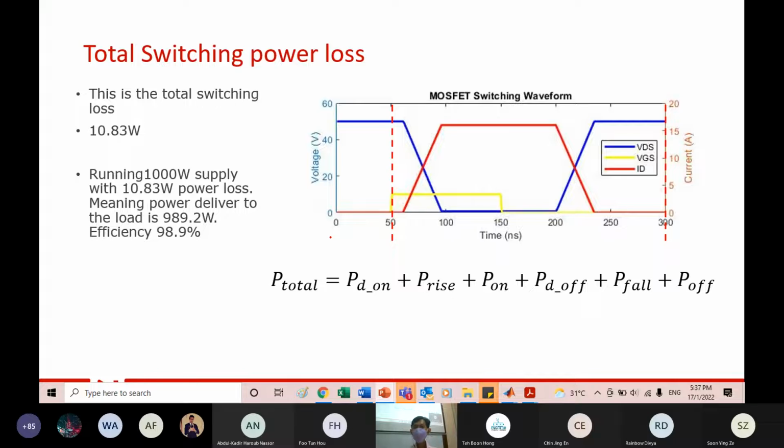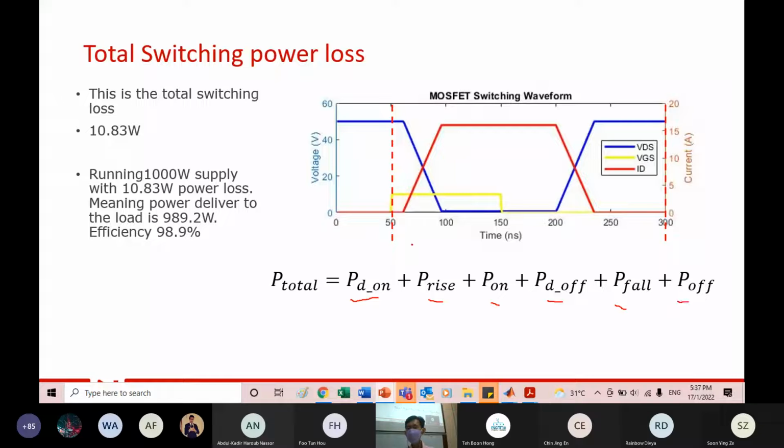So now, if you want to calculate the total switching power loss, you basically add all of them together: the power loss of the turn on delay, the power loss of the rise time, the power loss of the on time, the power loss of the turn off delay time, the power loss of the fall time, and the off time.